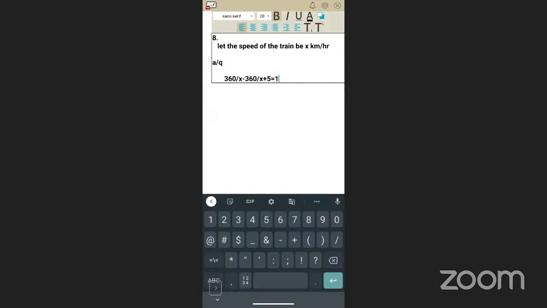Equals to 1. Why have I given this? They say the time. I said previously when we were in the class, we used to do the train, distance, speed, all these things. I said if on my left hand side I am making the equation as time, then my right hand side also I have to make as time. Understood or not? So 1 here, what does it mean?